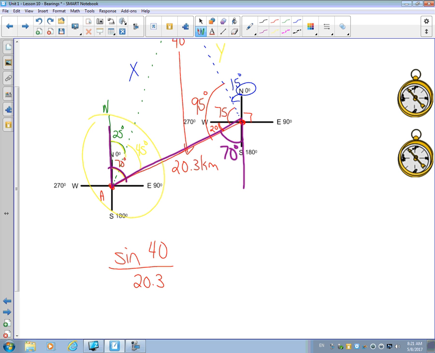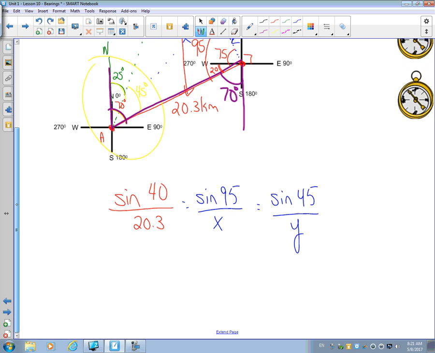Okay, so I know that for sure. I want to match up. What else do I know? I know that sine 95 goes with X. And I know that sine 45 goes with Y. Those are all the pairs in our picture. We got this one. We've got this one. So we're going to pick two at a time and solve these.